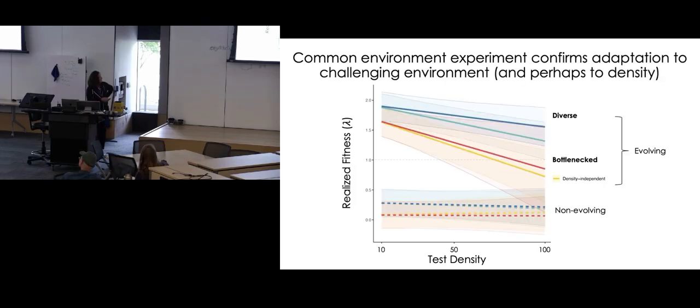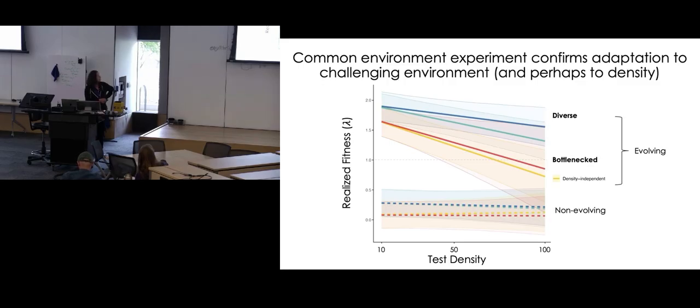And so this uses those same colors for evolving populations here with the solid lines and non-evolving populations. And you can see that a ton of adaptation has happened that's allowing these populations to thrive in this insecticide habitat. Unsurprisingly, diverse populations are better able to adapt than the populations that went through a bottleneck.